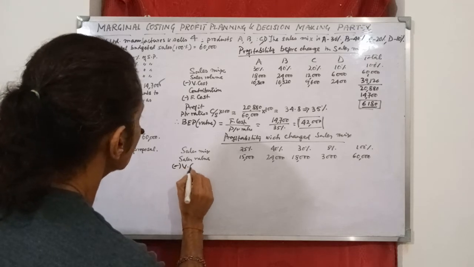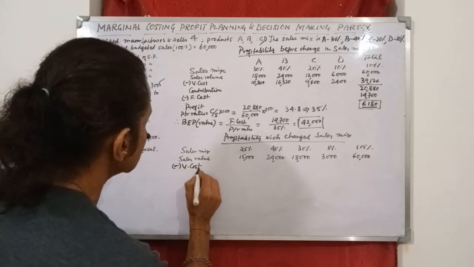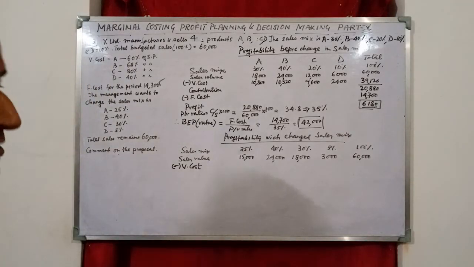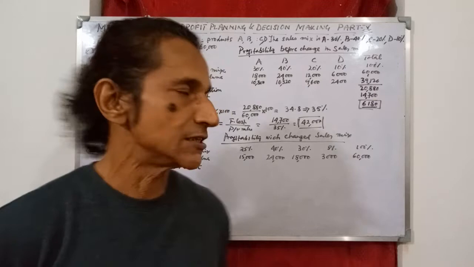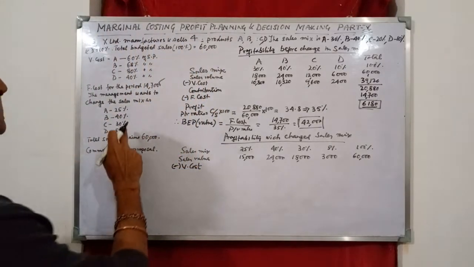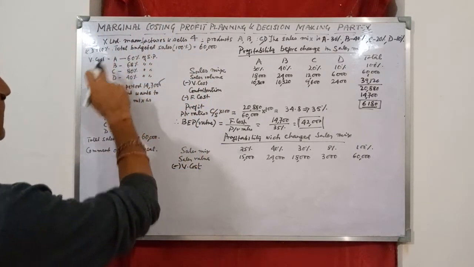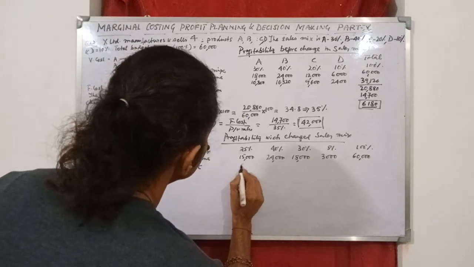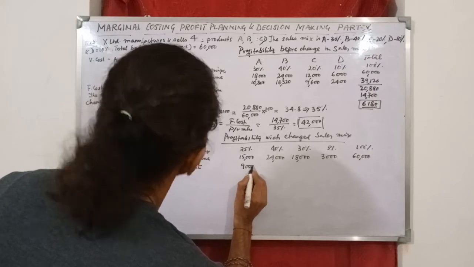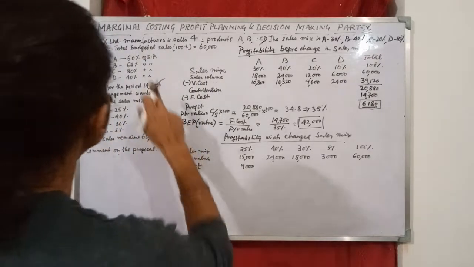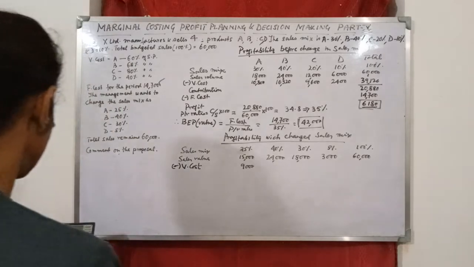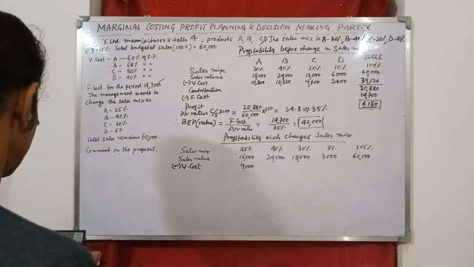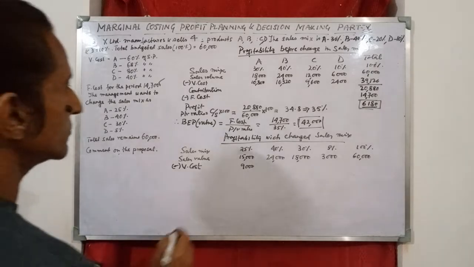Minus variable cost. There is no change in variable cost structure, that is variable cost as percentage of sales remains unchanged. For A it is 60% of selling price, 60% of 15,000, that is 9,000. Here it is 68% of 24,000. That is 16,320.